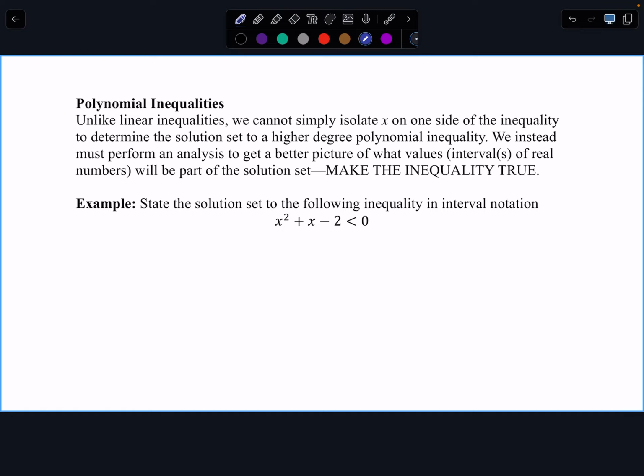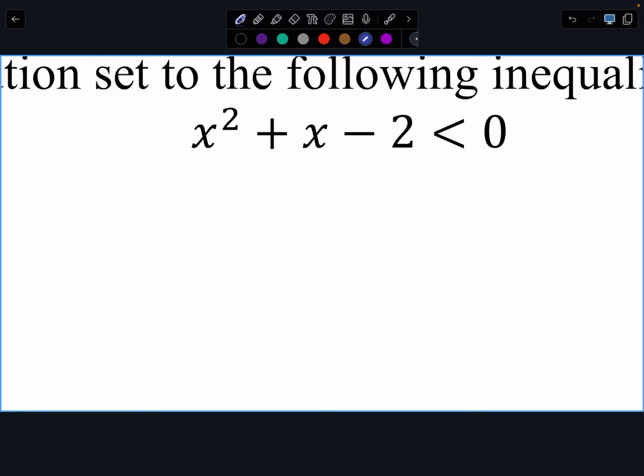So in order to come up with the solution set to a higher degree polynomial inequality, so second degree polynomial inequality or above, we're going to focus on the second degree quadratic inequalities. We might do a cubic.